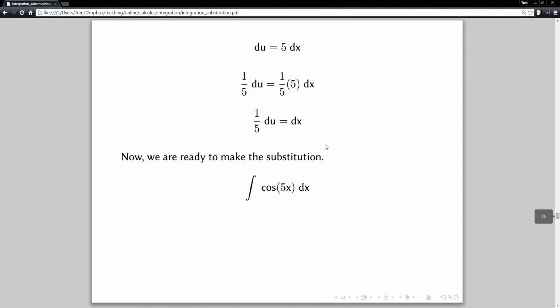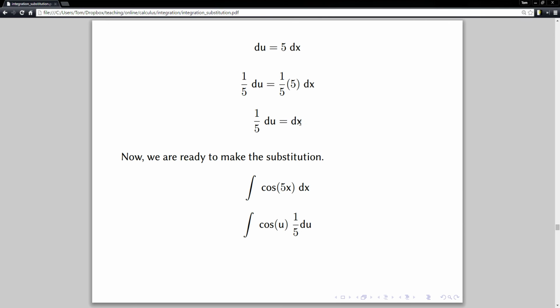All right, so now we're ready to make the substitution. There is the original problem that we had, and what we're going to do is make that substitution. So right here, this 5x, that was what we picked u to be. U was equal to 5x. So I take this 5x inside here, I switch it to u. Then that leaves me with this dx that I need to account for. And up here you can see that dx is equal to 1/5 du.